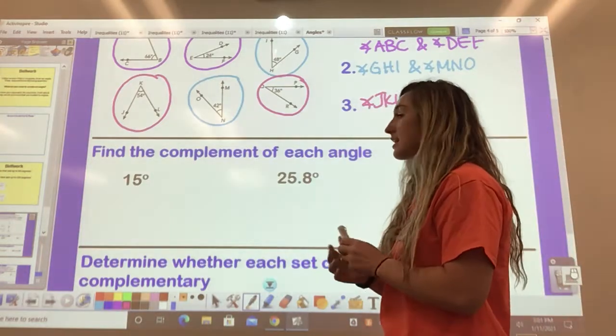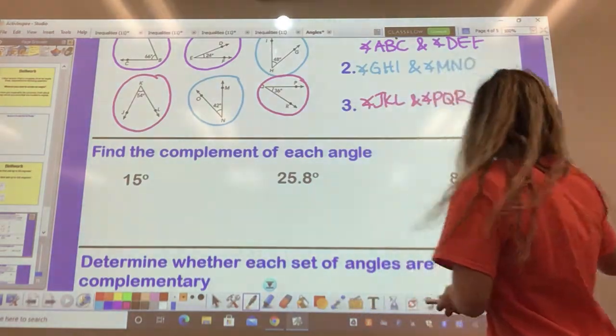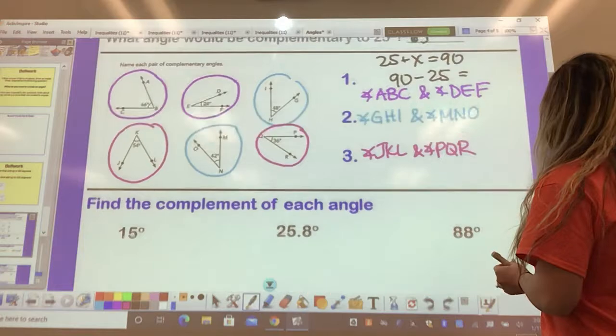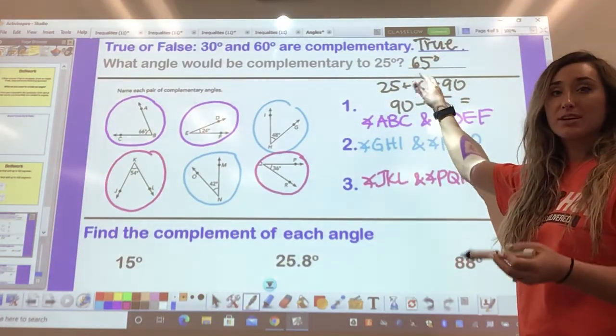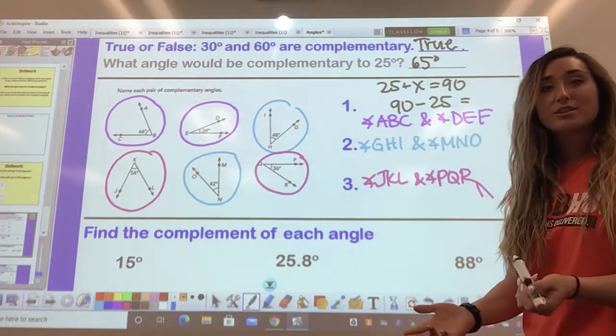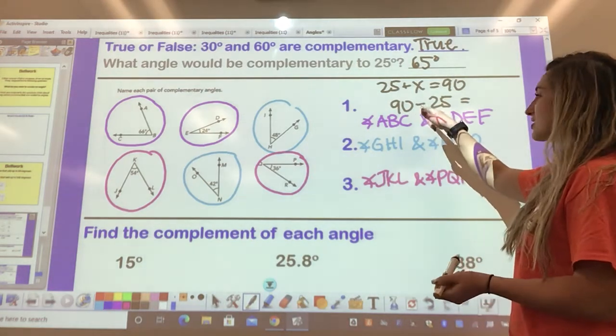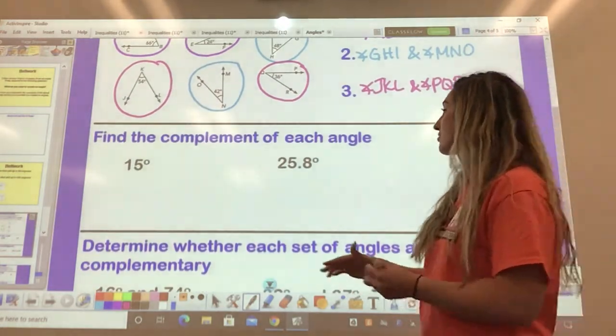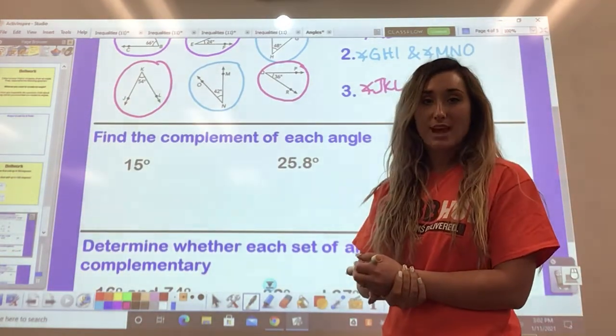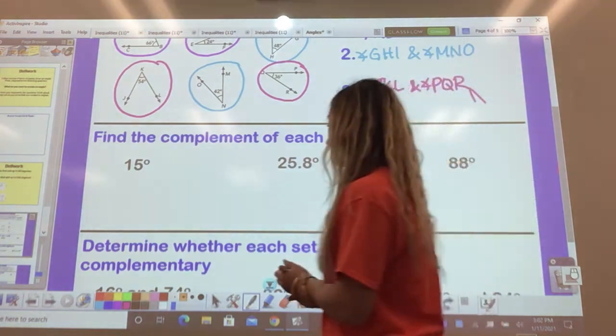All right. Next we're going to find the complement of each angle. And as I showed up here, you could either just use subtraction or you could set up an equation that would then result in you using subtraction. But just to keep it simple, I'm going to use the subtraction method. So to find the complement of all of these, we're just going to have to subtract them from 90.